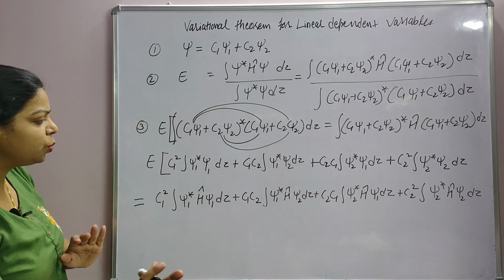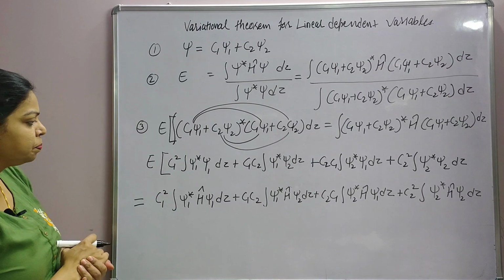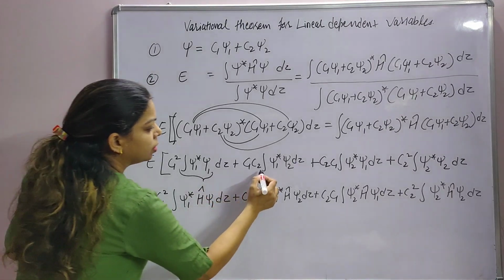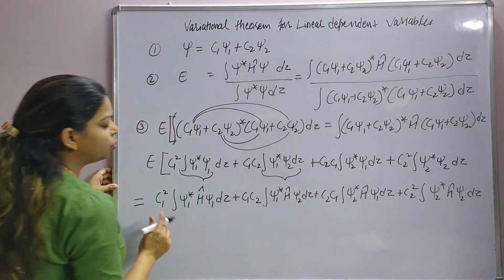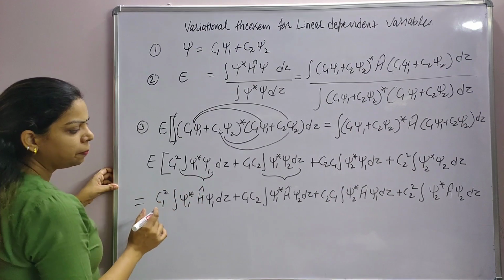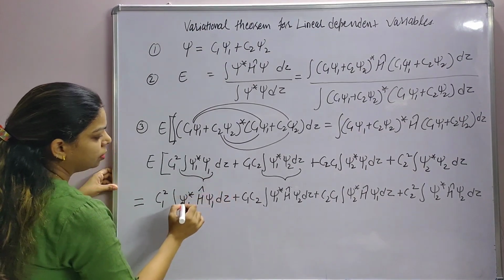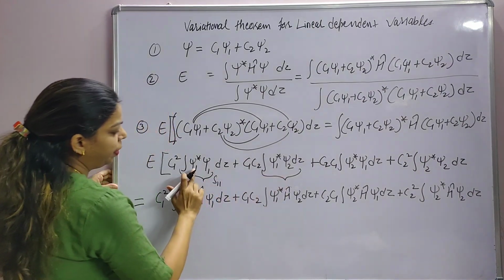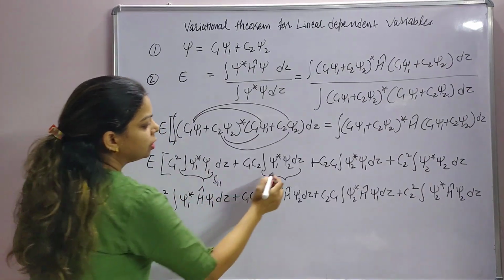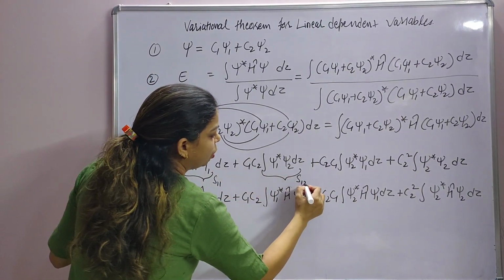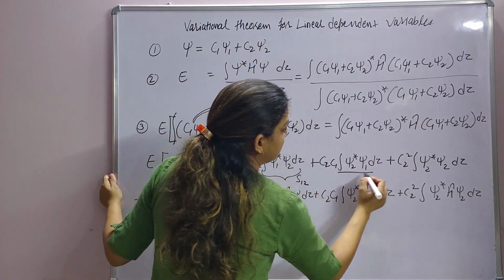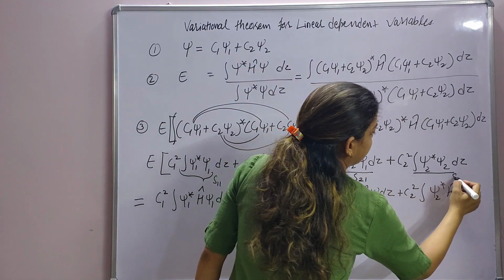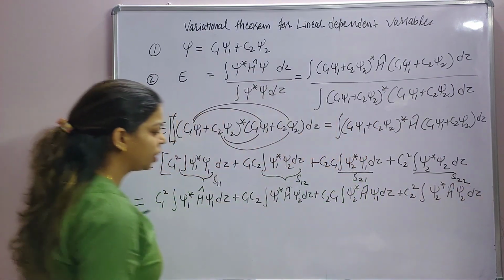Now we can substitute some value for these integrals just to make this equation simple. So I substitute this factor as S11, the wave function 1 with wave function 1, this factor as S12, this one as S21 and this as S22.